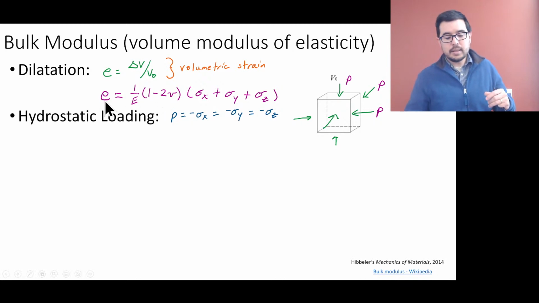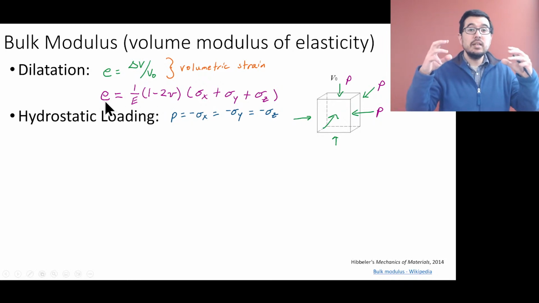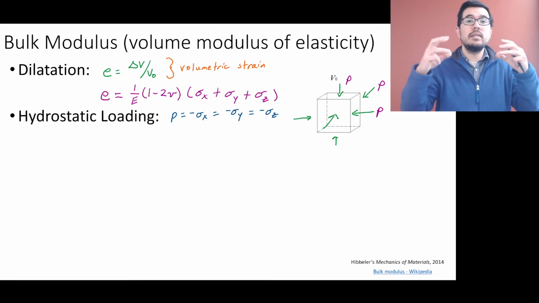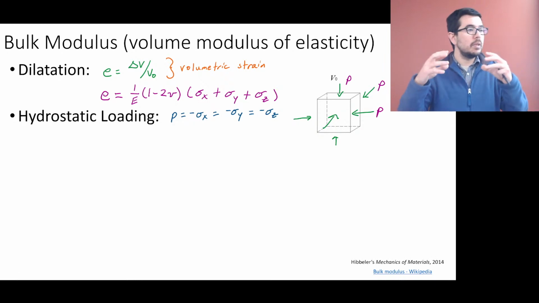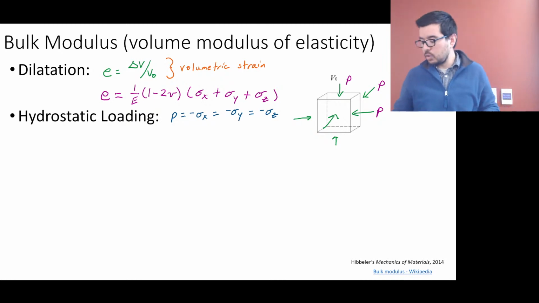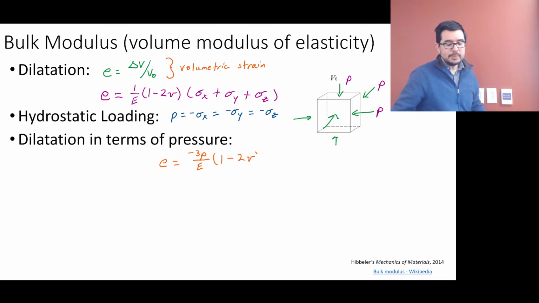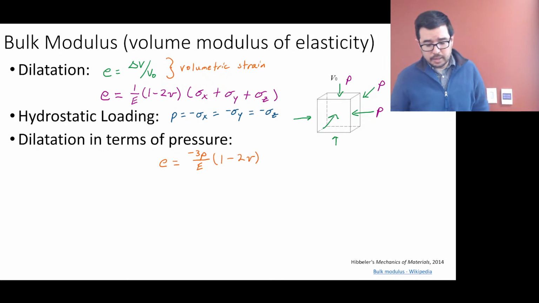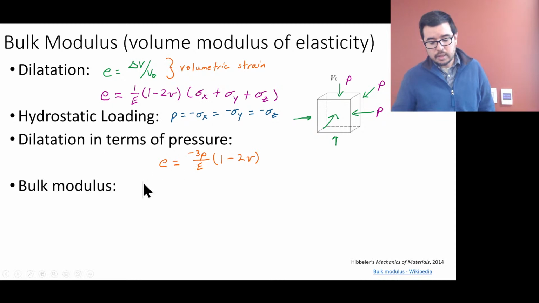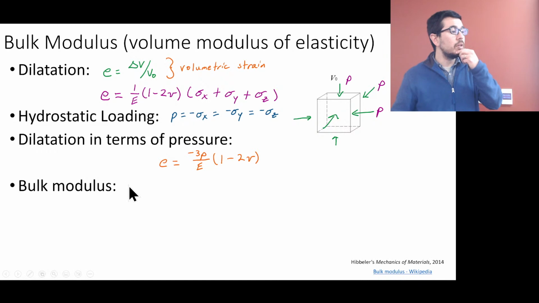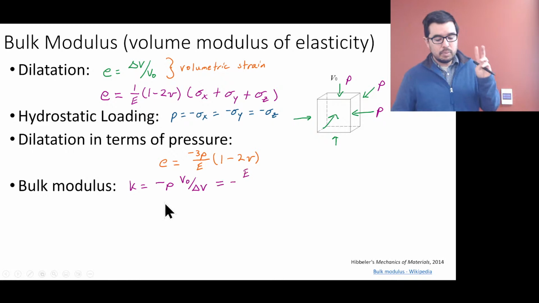So the dilatation, this change in volume divided by the initial volume, is going to be negative. So yeah, you're going to contract. So dilatation in terms of pressure can be written like so. And the bulk modulus is the term that people use to report these relationships between dilatation and pressure.